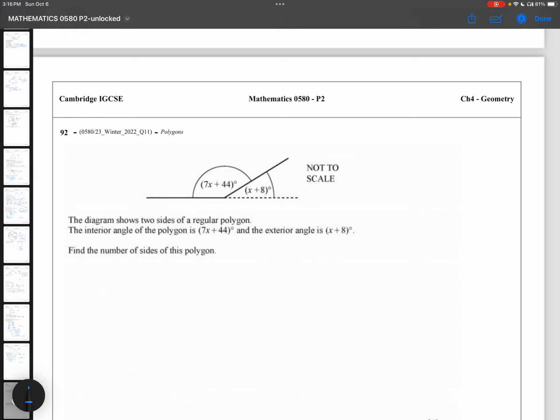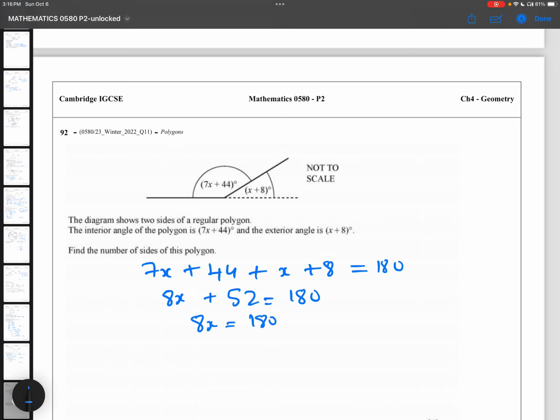So the interior angle and exterior angle lie on the same line, so their sum will be equal to 180. 7x plus 44 plus x plus 8 is equal to 180. 7x plus x is 8x, 44 plus 8 is 52, equal to 180. 52 will be subtracted from 180. We will get 8x is equal to 128 and x will be equal to 128 divided by 8. I will get 16. So x is 16 now.